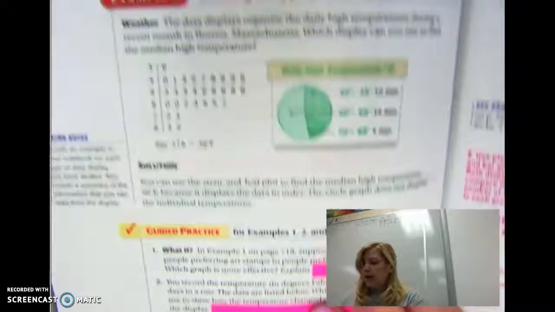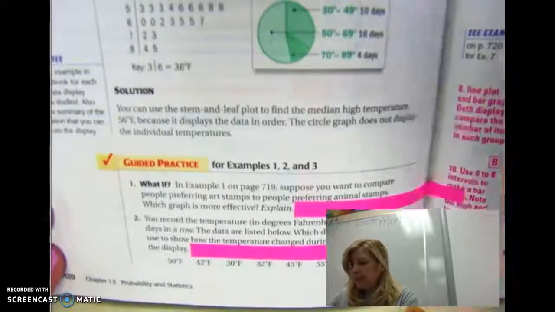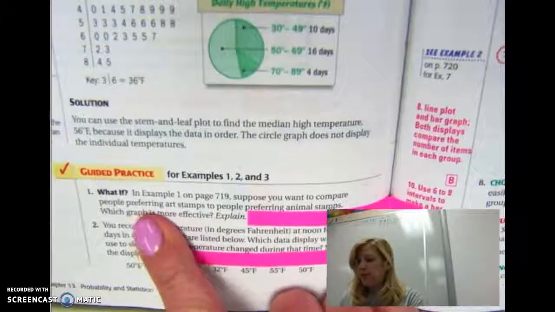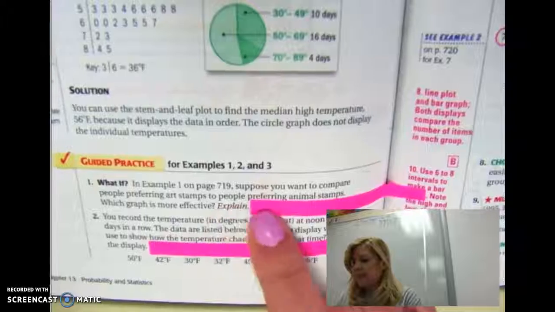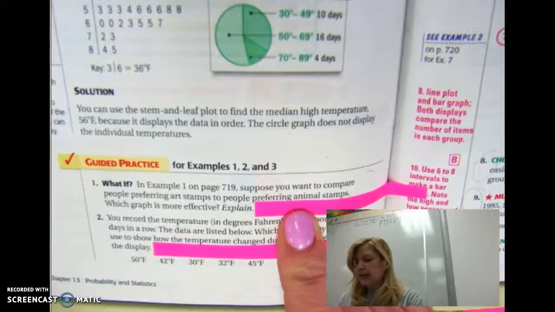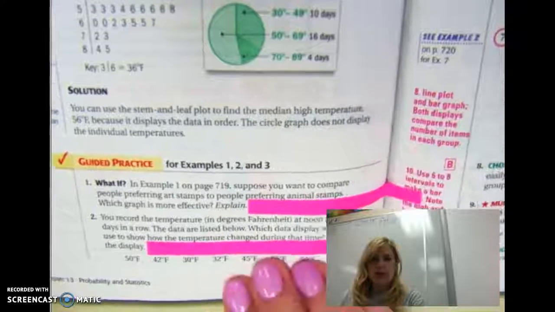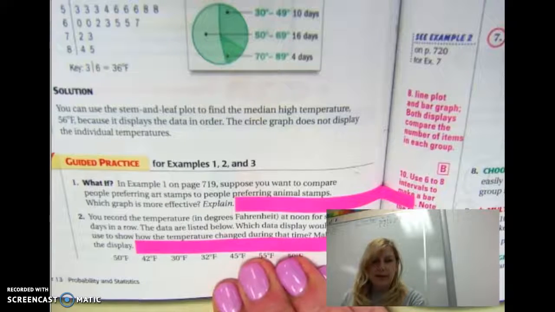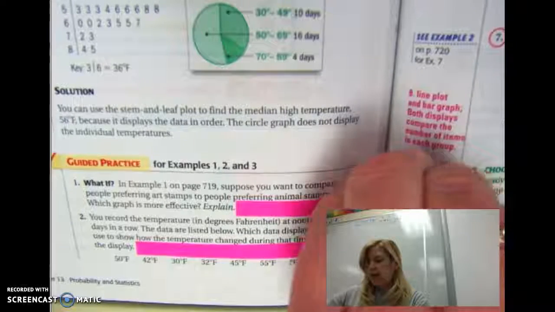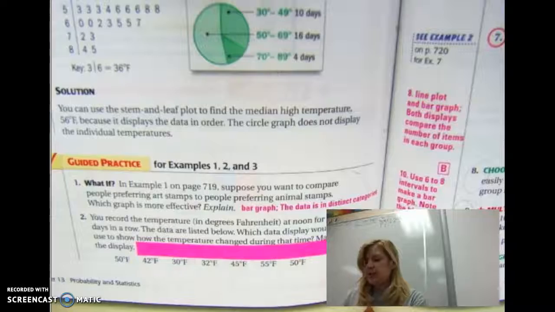So what if you want to compare people preferring art stamps to people preferring animal stamps? Then which graph is more effective? In that case, you would look at the bar graph because it already divided it into categories.